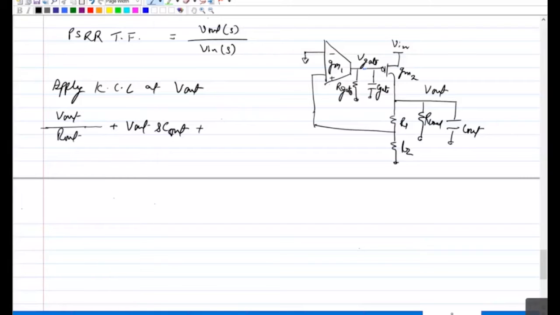Okay, what is the current from PMOS? It is gm2 into V gate minus V in.